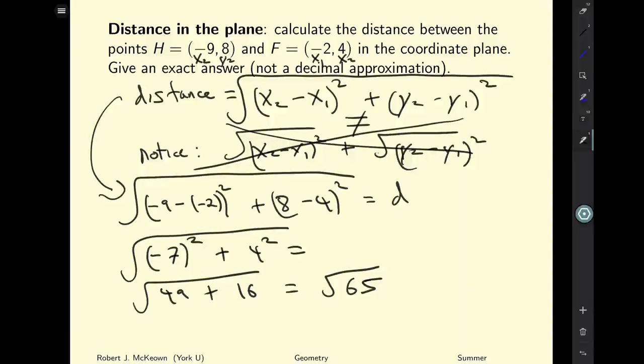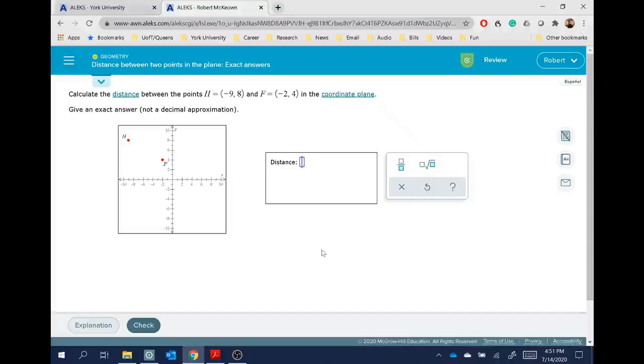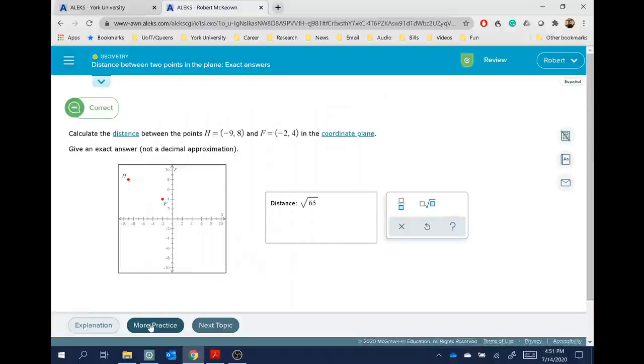Now let's see if we've got the right answer on ALEK's. Here we are on ALEK's. I'm going to click this little symbol over here, the square root sign, add in the 65. Notice that the question wants us to give an exact answer. We're not allowed to give a decimal approximation. So I'll leave it with the square root above it, and I'll click on the check button, and we got the right answer. So the distance between point H and point F is the square root of 65.